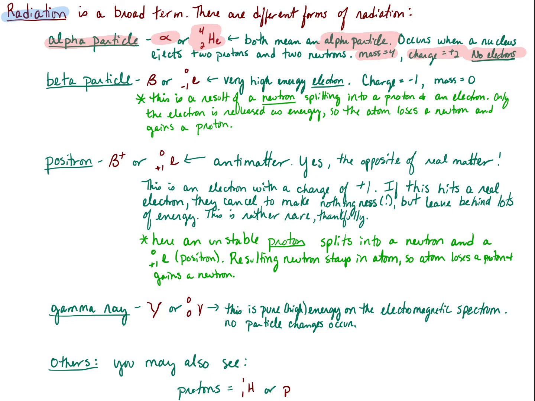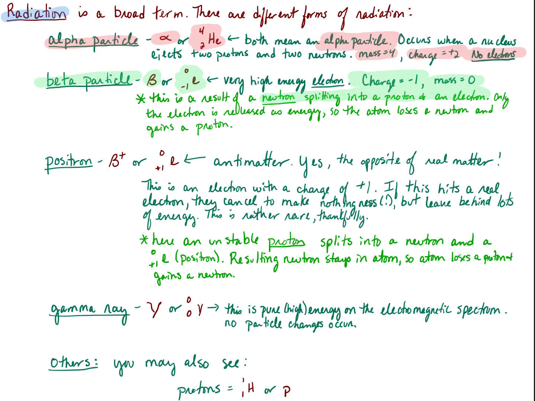Next, we have a beta particle, and this looks like a beta or 0 with a -1 at the bottom, e. This is a very high energy electron that has a charge of -1 and no mass. So this is a result of a neutron splitting into a proton and an electron.